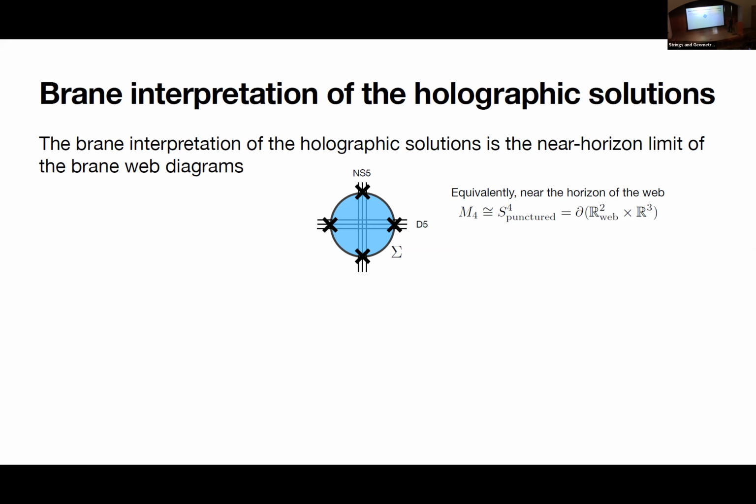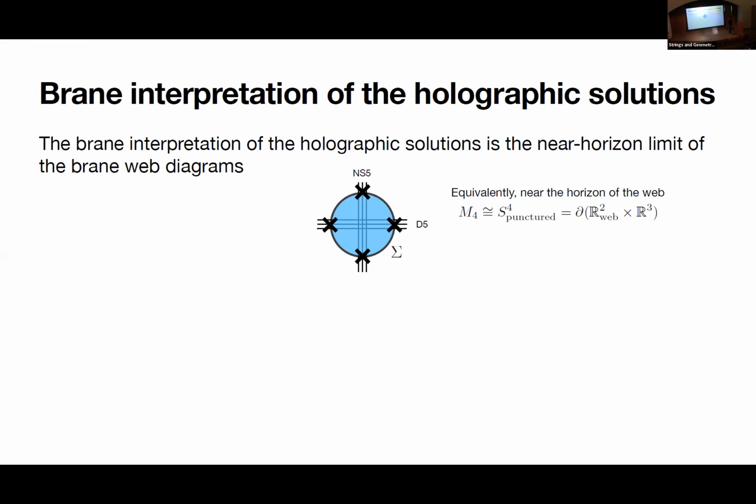But the more correct interpretation is that what you have to look in the near horizon geometry is that you have a sort of R5, which is given by the R2 of the web, so the web plane, and the R3, which is the orthogonal part to the full 5 brane system. The 5 branes will be, of course, 6-dimensional objects, so they will intersect in this plane, and there will be 3 dimensions which are orthogonal.